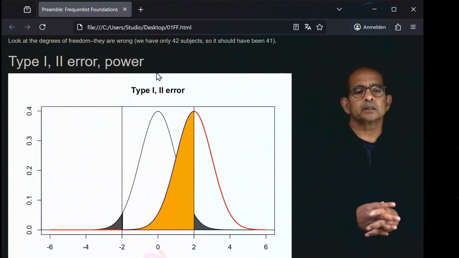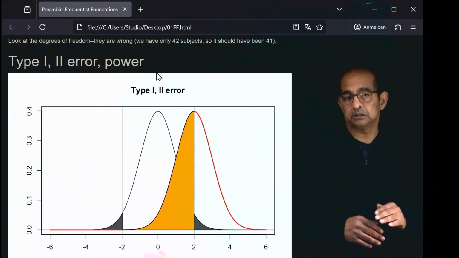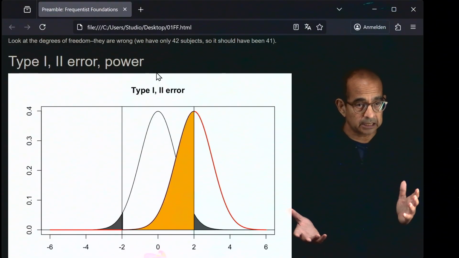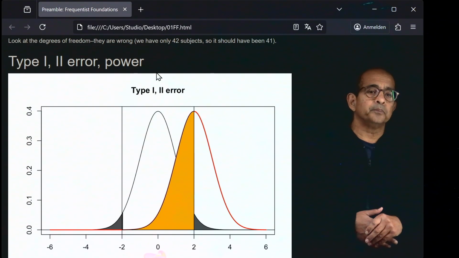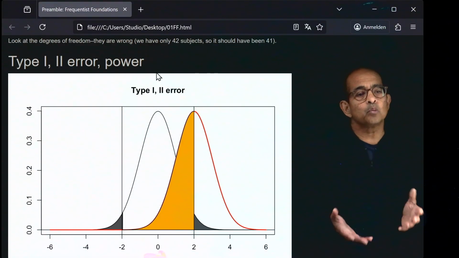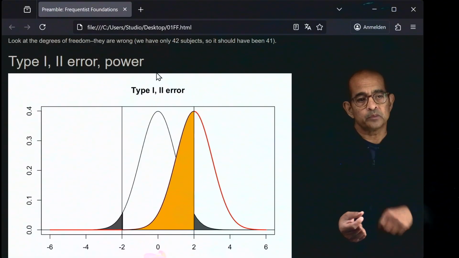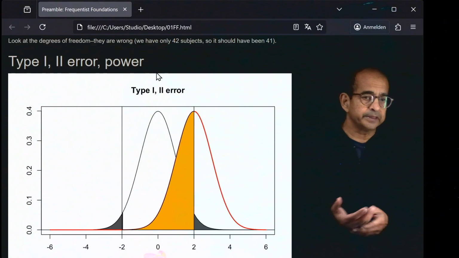By making the orange colored regions as small as possible, you're making statistical power larger, right? And why do you want to make sure that your type 2 error is low as well? Well, because you don't want to be in a situation where you fail to reject the null when the null is actually false. That's also a mistake, and you want to avoid making those mistakes.